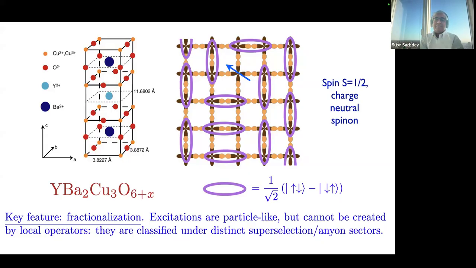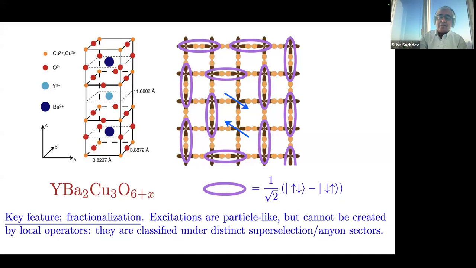And understanding the structure of states with spinons is really a big part of what I'll be talking about. So each such spinon is sometimes called an anyon, because there's many such excitations, and their fundamental property, as I've illustrated here, is that you cannot create a spinon on its own, with any local operator.